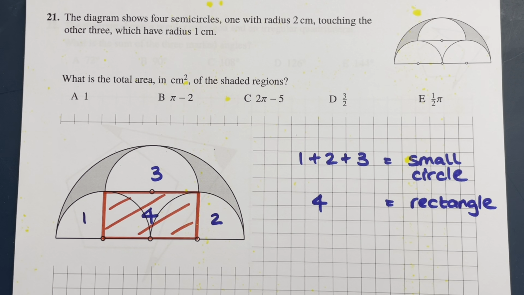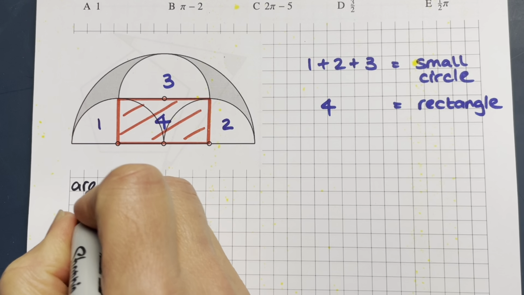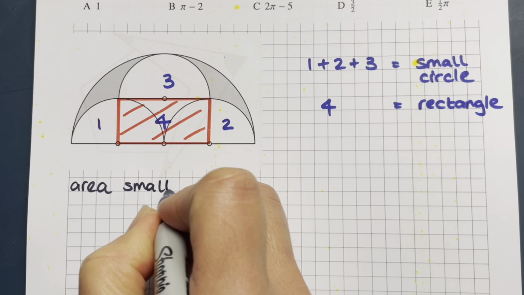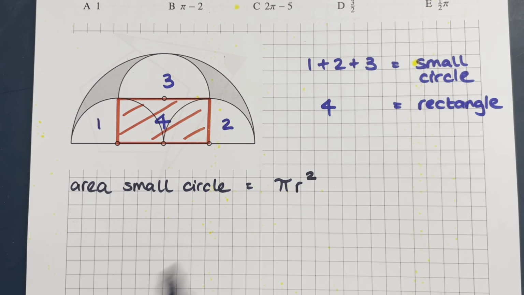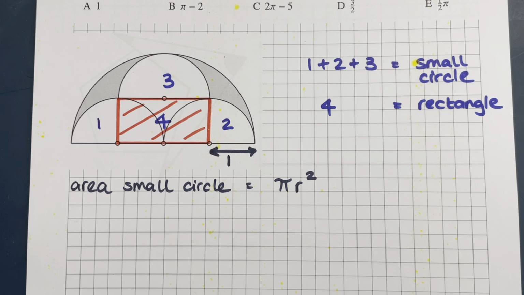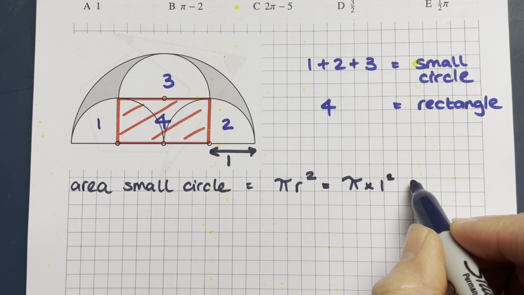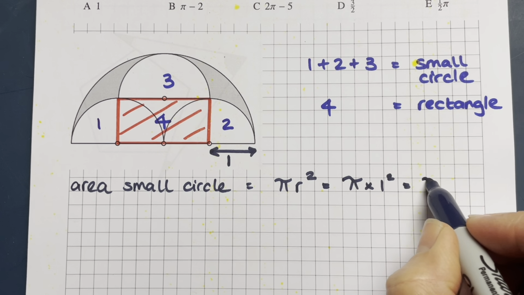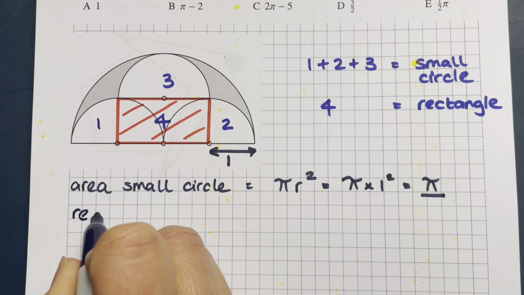So let's do my small circle first. So the area of my small circle is pi r squared, and I know that my small circle has a radius of 1. So I've got pi multiplied by 1 squared, which is obviously just pi. I've now got my rectangle.